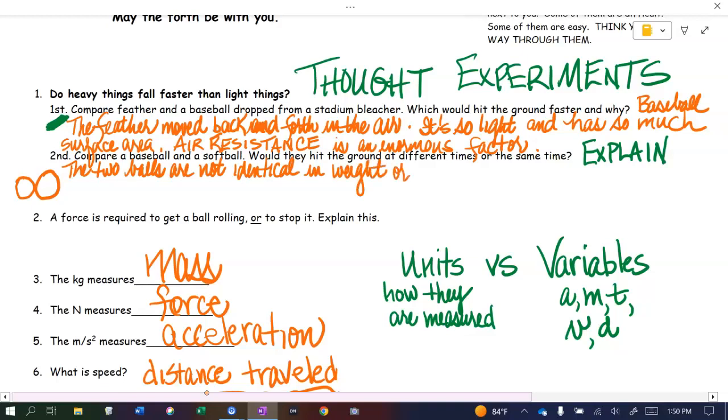In weight or size, but very similar, right? Both are spheres. All right.